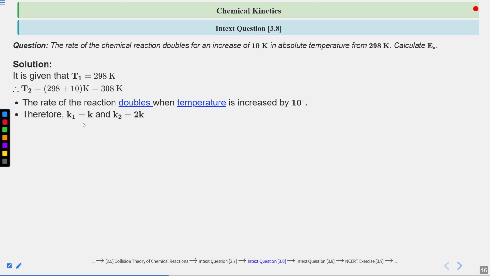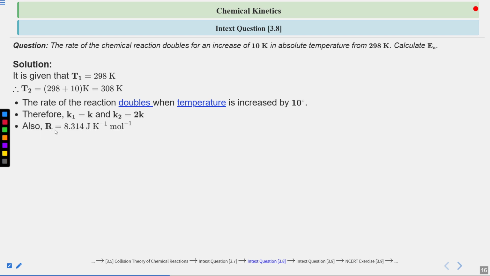K1 is the rate constant at T1, which is K. K2, the rate constant at the T2 temperature, is 2K. So at K1, T1 is 298, and at K2, the temperature increased by 10 becomes 308, and the rate constant also doubles.